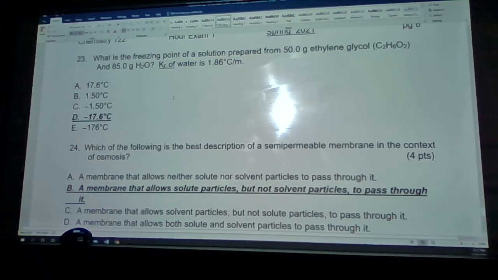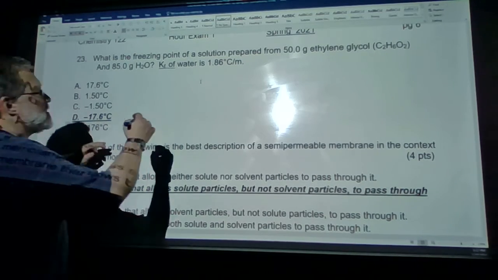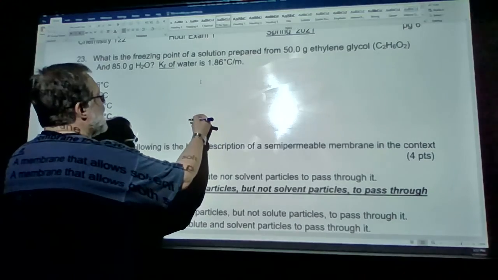Number 23. The freezing point of a solution prepared from 50 grams of ethylene glycol, 85 grams of H2O. Kf, the freezing point depression constant of water, is 1.86 degrees C per molal.